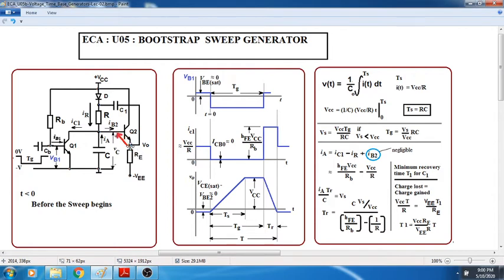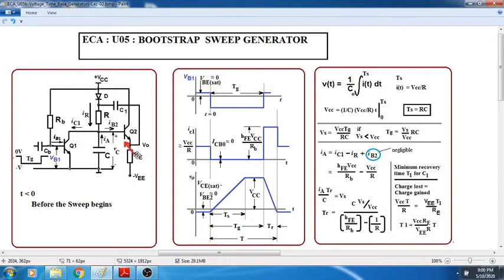Now this VBE2 will be very small. We can assume 0.7. Even if it is not 0.7, say 0.5 or 0.6, still it is a very small value. So the total voltage at V0 will be almost equal to 0, or negligible.